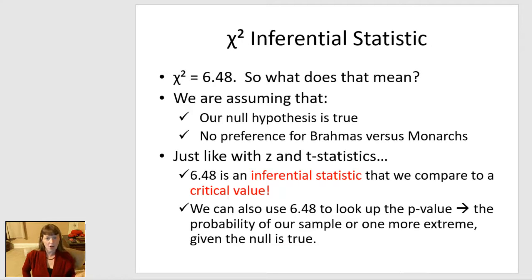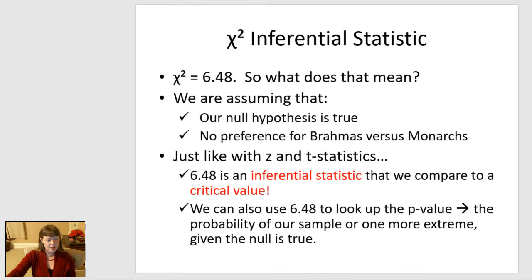If we reject the null, then p is small. If we fail to reject the null, p is big. If our chi-square test statistic that we calculate is really big, that means it's very improbable. Its p-value will be small. If our chi-square test statistic is really small, that means it's not very extreme. It's very probable, and its p-value will be big.